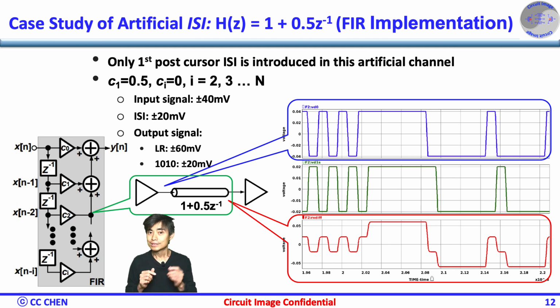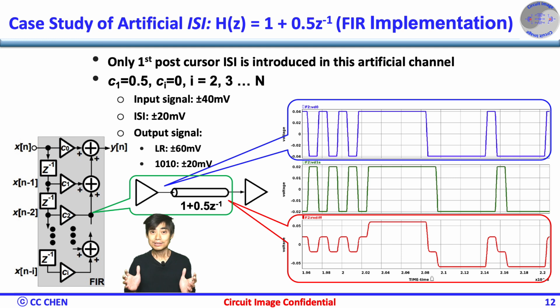Then, for C1 equals 0.5 of the first post-cursor coefficient, applying the input swing plus or minus 40 mV, you will get the long run swing plus or minus 60 mV, but the 1010 clock pattern swing to be only plus or minus 20 mV. This simulation shows exactly the multiple shots artificial ISI we discussed.